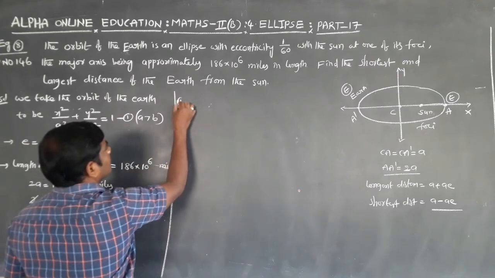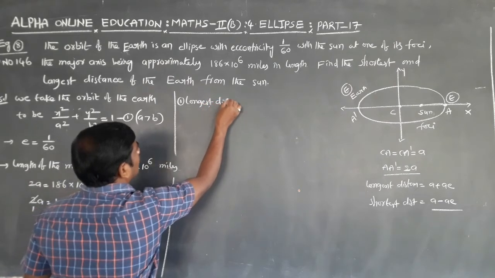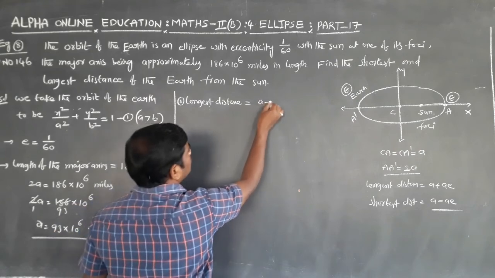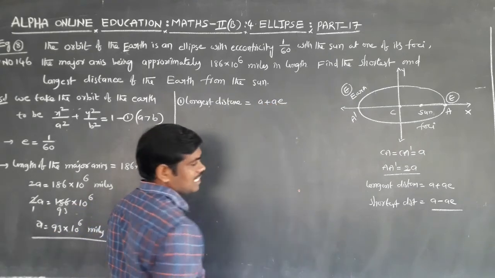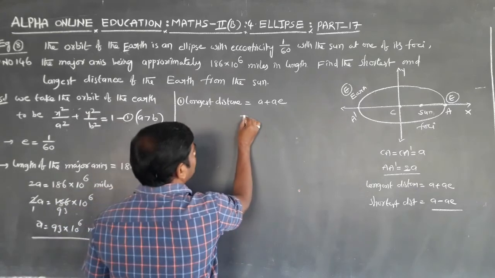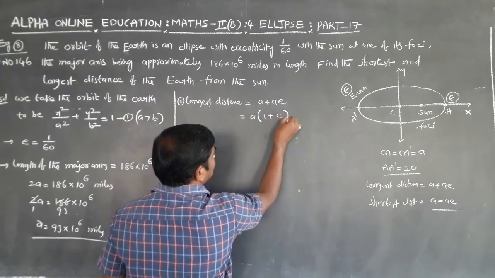Number 1, longest distance. Longest distance is equal to a plus ae. Taking a common, a into 1 plus e.